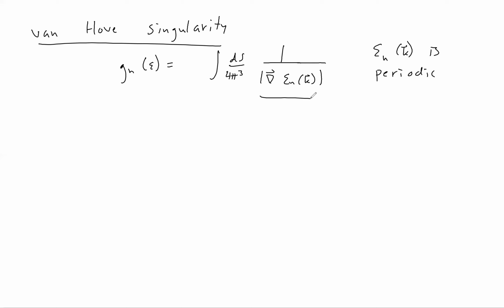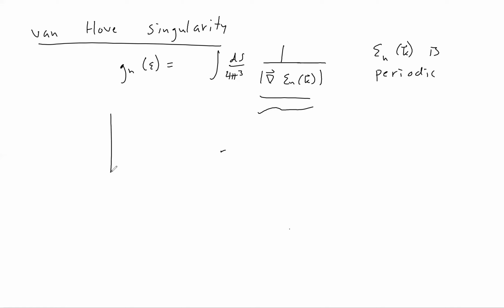When that happens, this integrand obviously diverges. It turns out that the divergences are integrable, but nonetheless, they still lead to divergences in the derivative of the density of states. These are called Van Hove singularities.